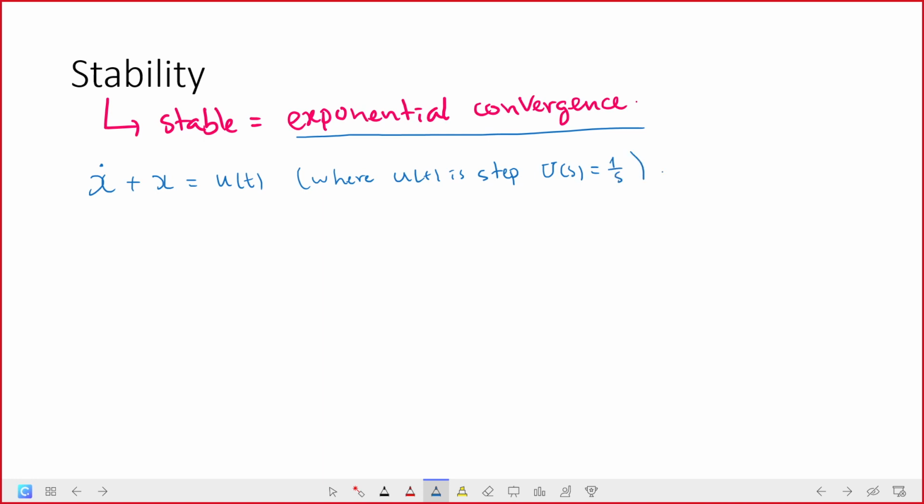Using the Laplace transform, with h of 0 equal to 0, we have s plus 1 times h of s equal to u of s.